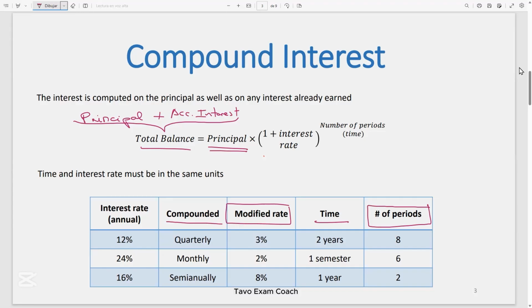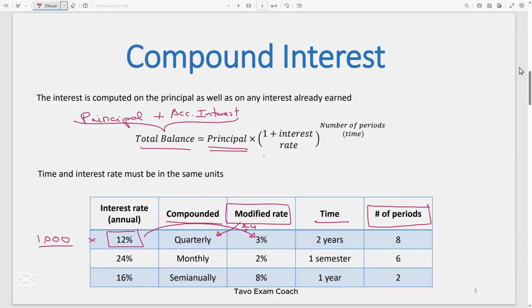For example, if they tell you to calculate what is the total balance if you set $1,000 to earn interest at an annual interest rate of 12% compounded quarterly for 2 years, we would use our input of an annual 12% rate to calculate a modified rate that corresponds to this quarterly period of accumulation of interest. So since a year has 4 quarters, you would divide this 12 by 4. Dividing it by 4 yields 3%.